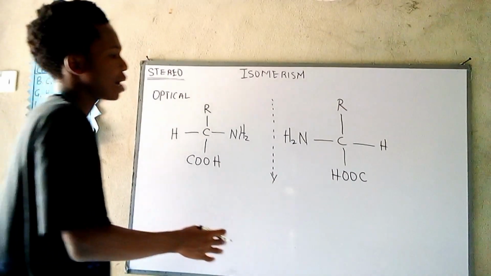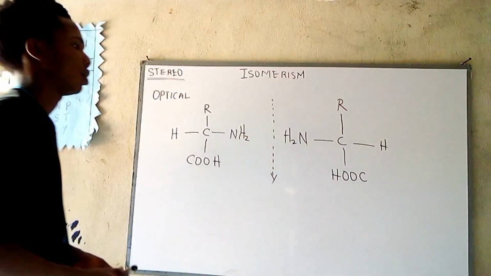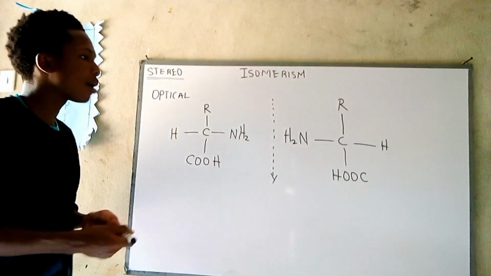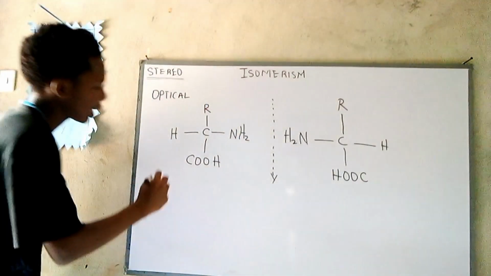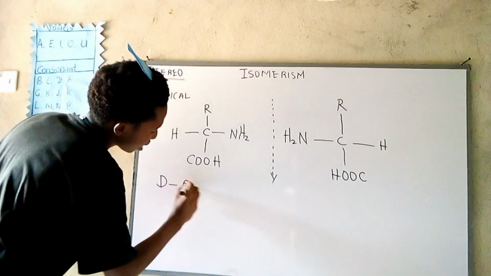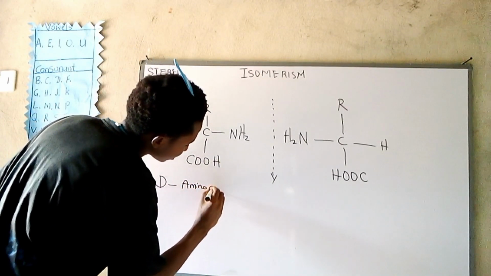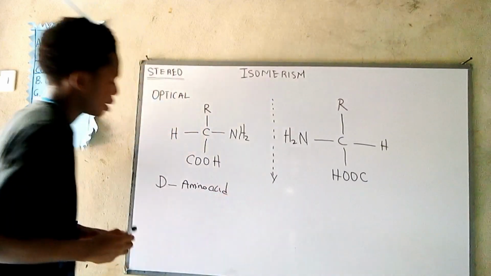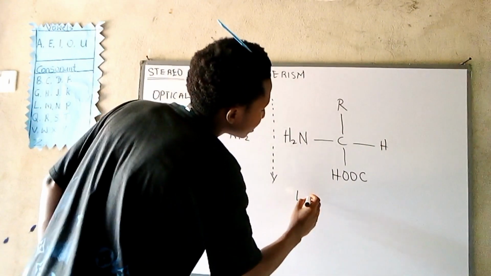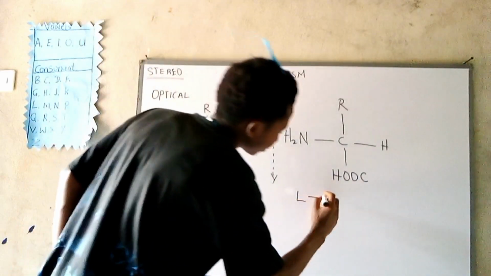Exactly, this is how it will appear. The mirror image of this compound will appear like this. Now, this compound is now called amino acid. This is dextrorotatory, and this guy here is levorotatory.